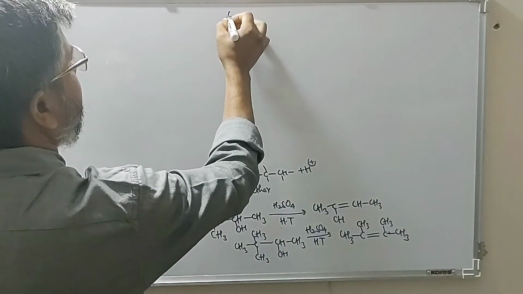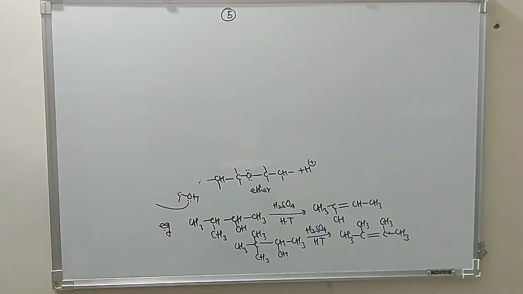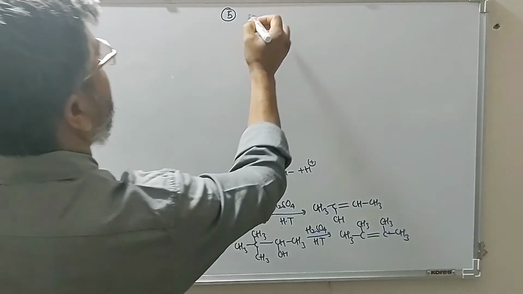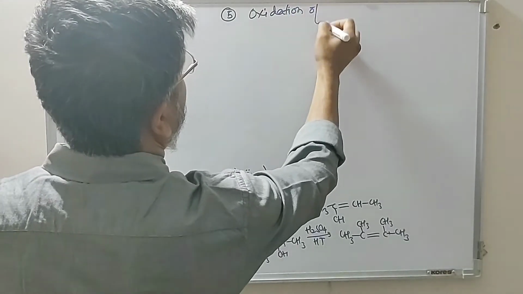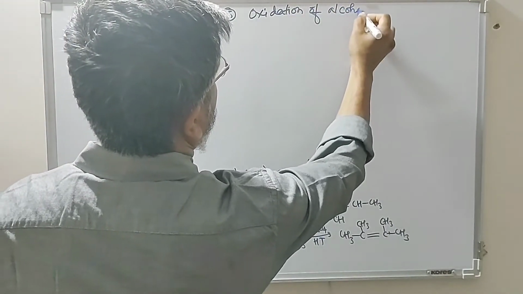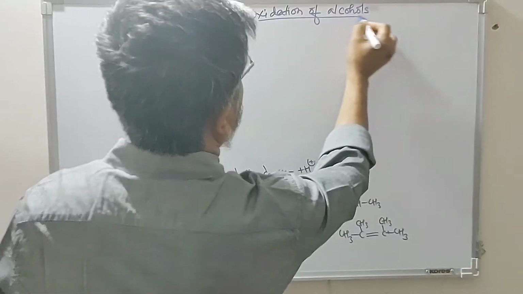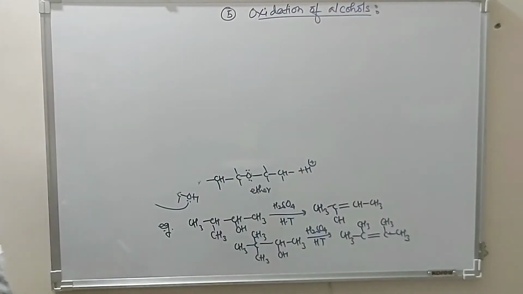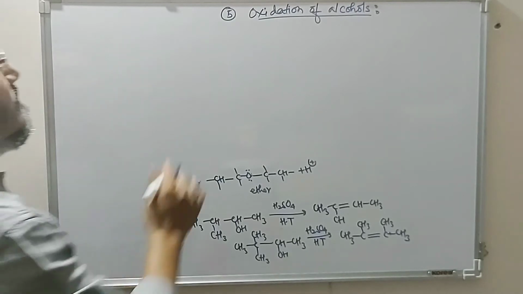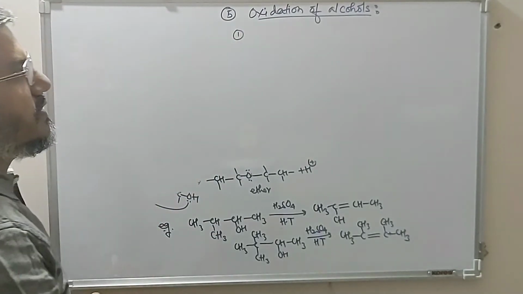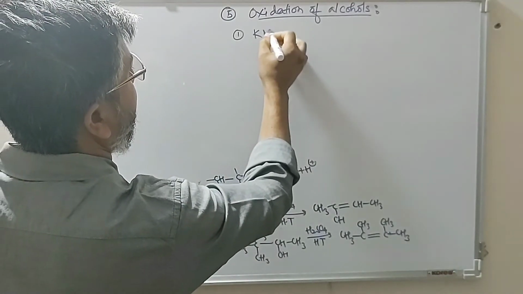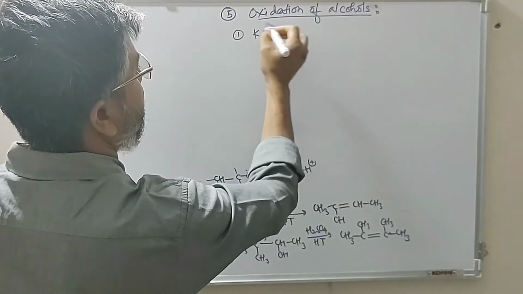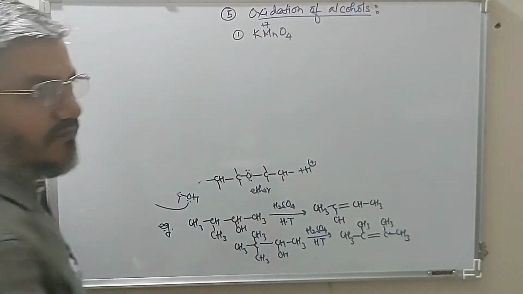Next reaction, let's see. Next reaction is oxidation of alcohols. First look at oxidation with KMnO4, which is a much stronger oxidizing agent.